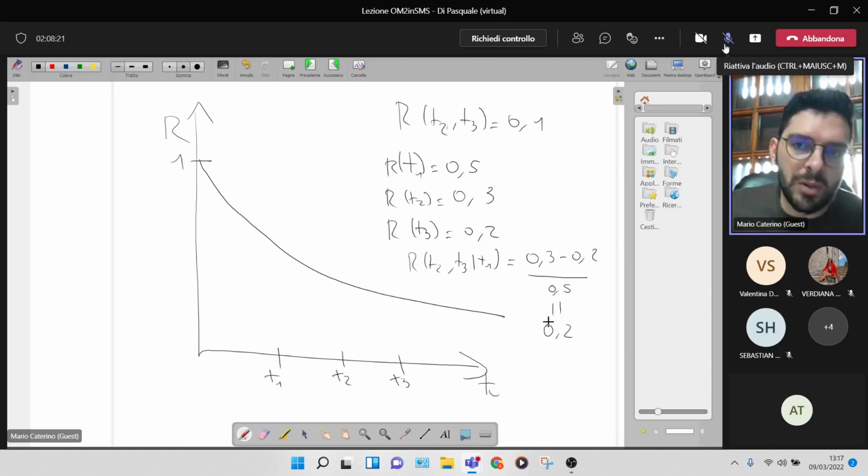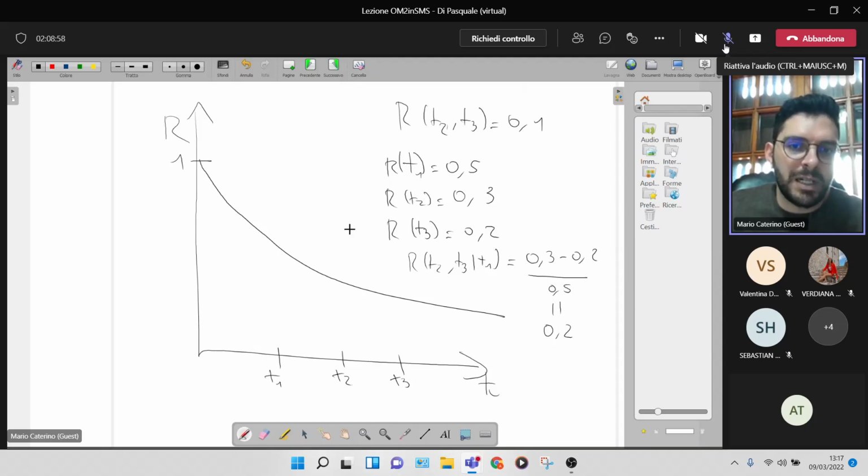So you can note that when we try to calculate the reliability or the probability of failure of the system, assuming that the system is now starting to work, that probability, that reliability is simply the difference between the reliability at the starting period we are considering minus the reliability at the ending period we are considering.